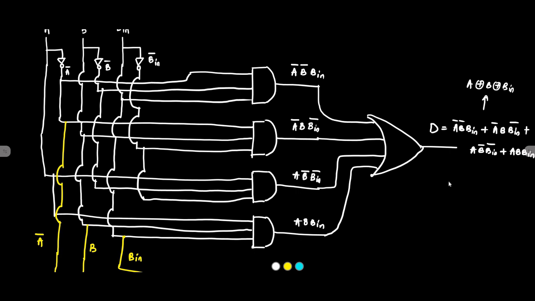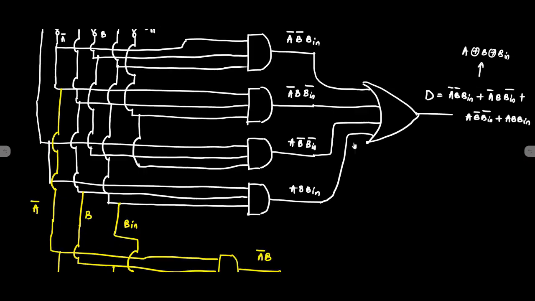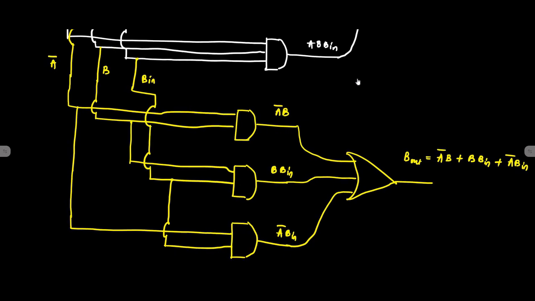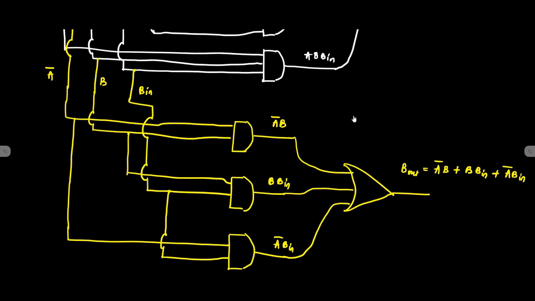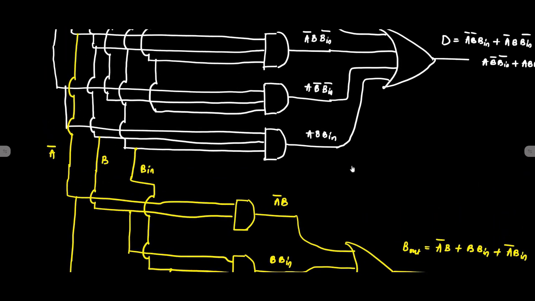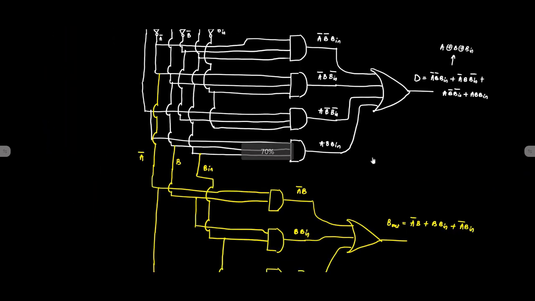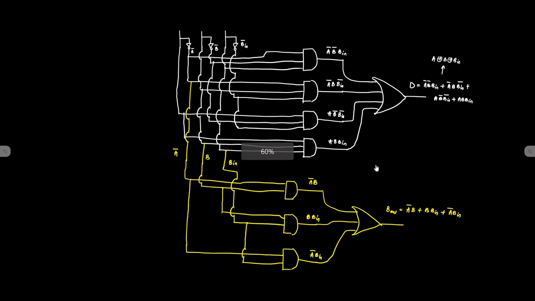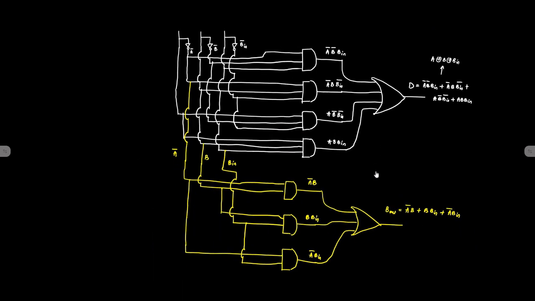And this is for the difference. The borrow remained the same. The design principle of borrow stays the same whether it is with XOR or without XOR. Okay, so this is the thing. So let's look at the entire circuit diagram. See, this is the thing.